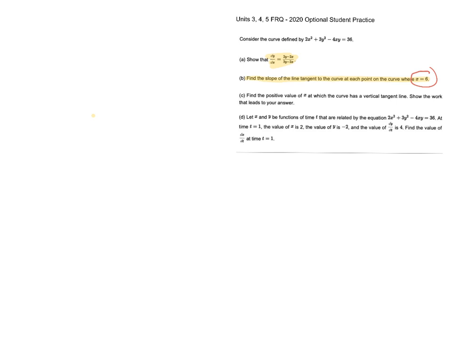So our equation was 2x squared plus 3y squared minus 4xy equals 36. I'm going to plug 6 in where the x is. 2 times 6 squared plus 3y squared minus 4 times 6, because x is 6, times y equals 36.